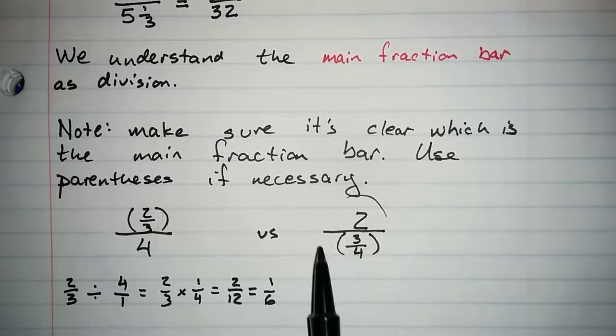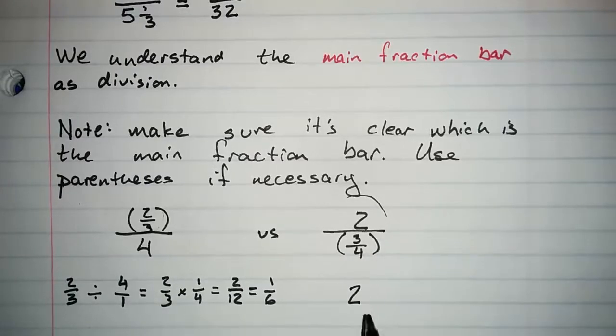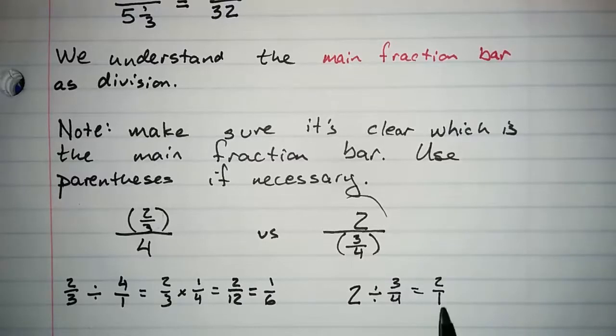On the other hand, this complex fraction we'll understand as 2 divided by 3/4. That is, right, 2 is 2 wholes. And we'll write that as multiplication by, instead of 3/4, 4/3. So that's 8/3. 1/6 versus 8/3, completely different, right?